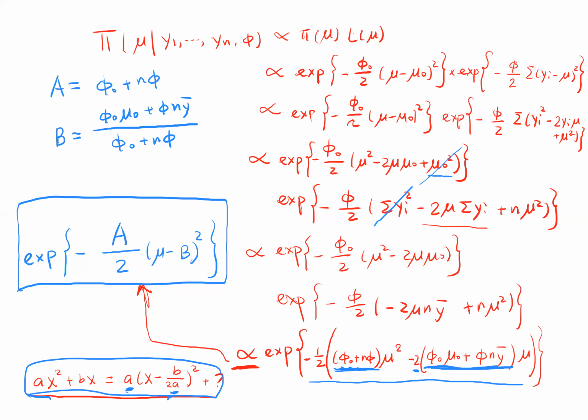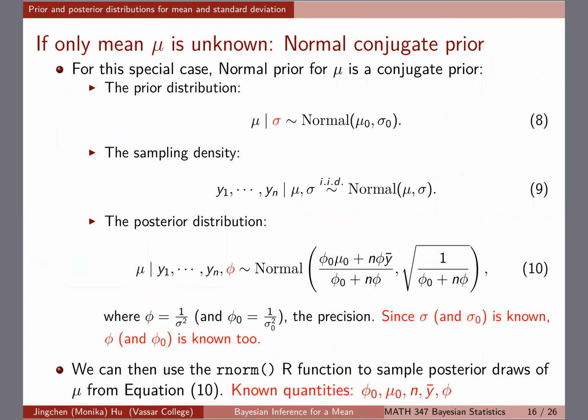But before we get there, I do want to spend a couple of minutes looking at the form a little bit more closely. We know this is going to be the mean, and this is going to be the standard deviation of the posterior, right?